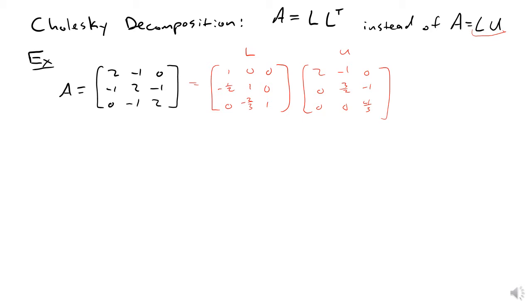So the whole point of these factorizations is to find faster ways to do Gaussian elimination.